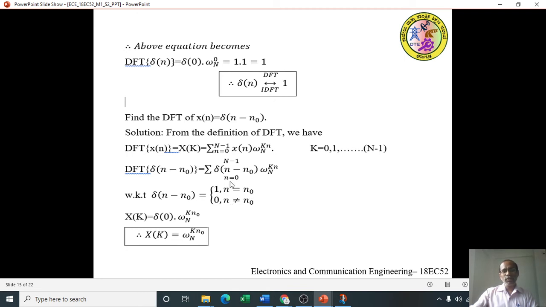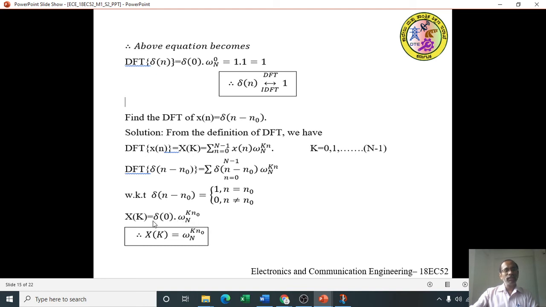And we have assumed that n naught is less than N. Always you want to assume that n naught is less than N. So wherever small n is there, we replace it by n naught. So it becomes delta of n naught minus n naught into omega N power k n naught, which is delta 0 omega N power k n naught.